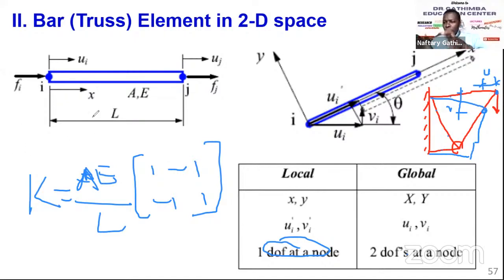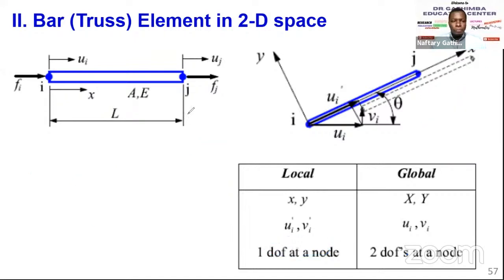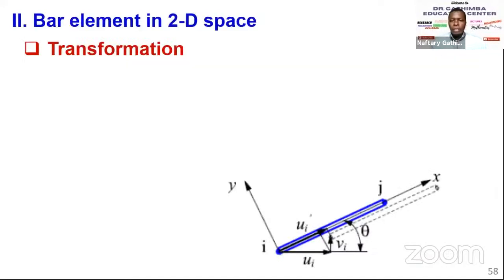But now to be able to assemble for this structure, we need to transform this to the global coordinate system. So now here, I would like you to help yourself with a pen and a pencil so that we can see this derivation. So this is our bar element here, oriented in the global coordinate system.